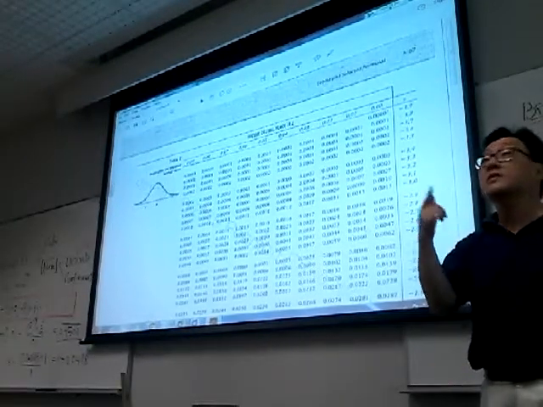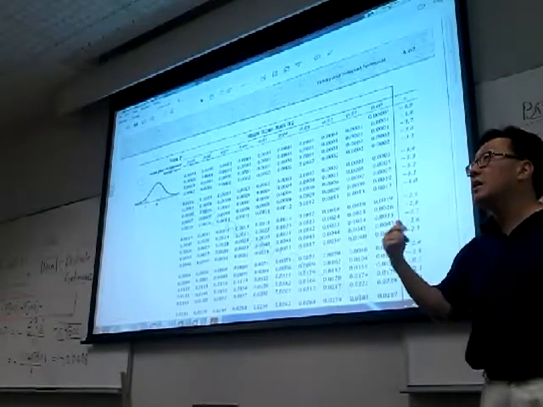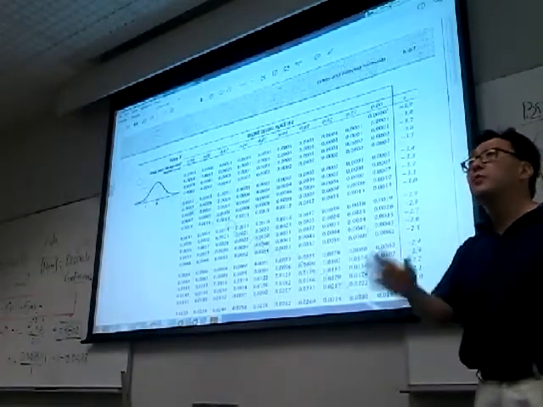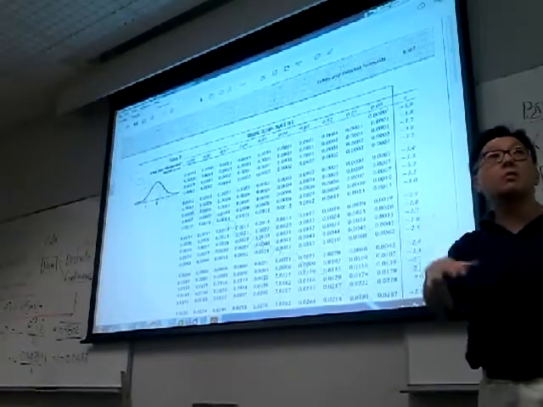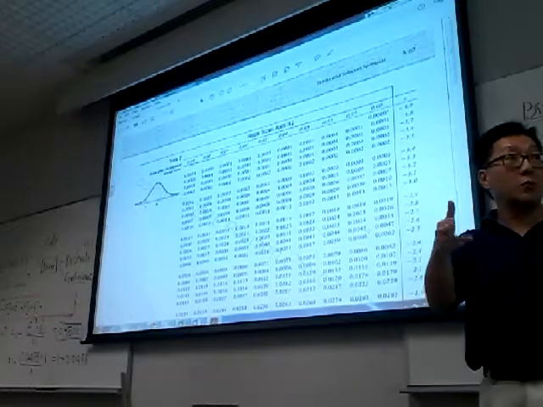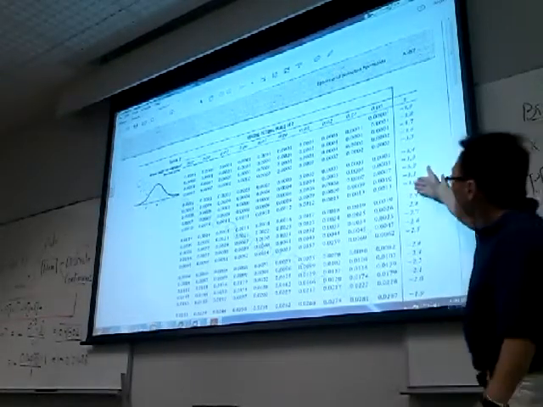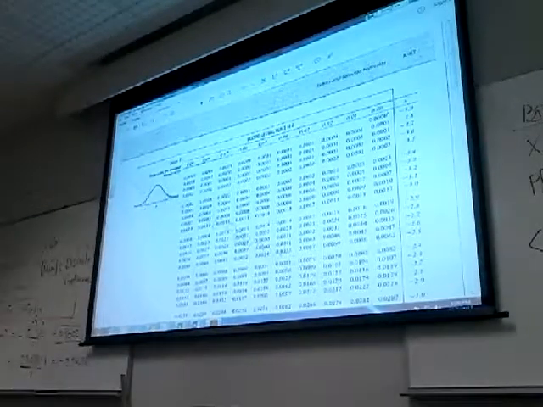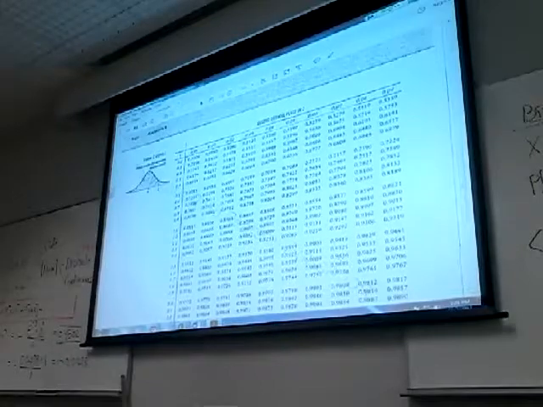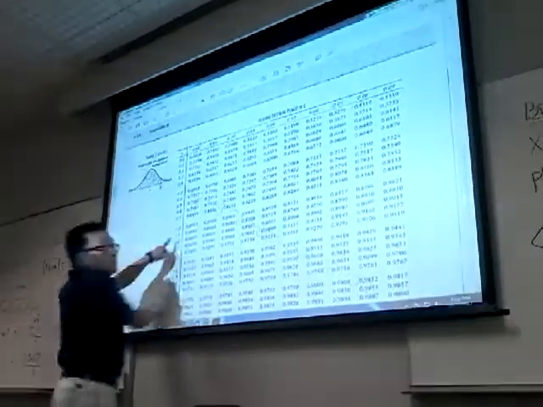We are going to use the Z table every day. Please bring the Z table next week. I'm sorry, I posted it this morning. So please download and print out the table. On the next page, there are the positive Z scores.